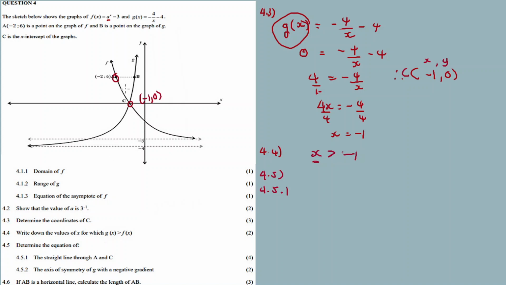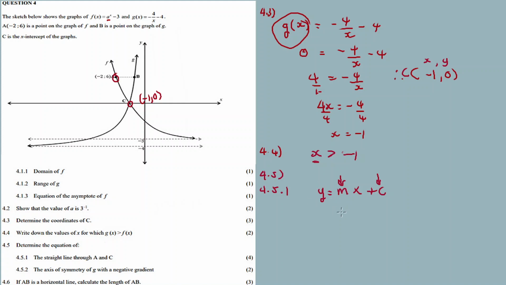So now the equation of the straight line from A to C. For the equation of a straight line, you just need a gradient, so it's y equal to mx plus c. So we need the gradient and the value of c.